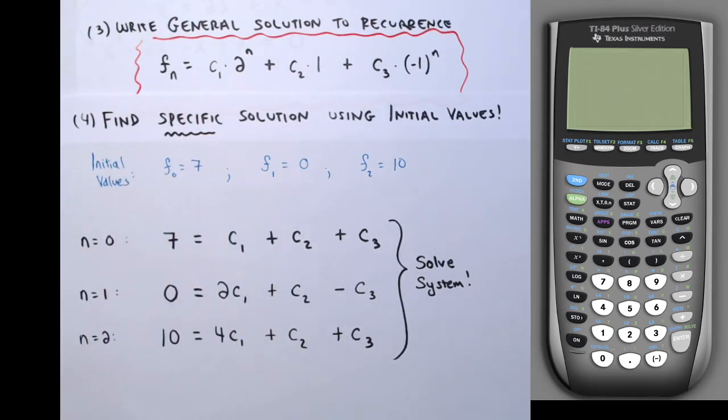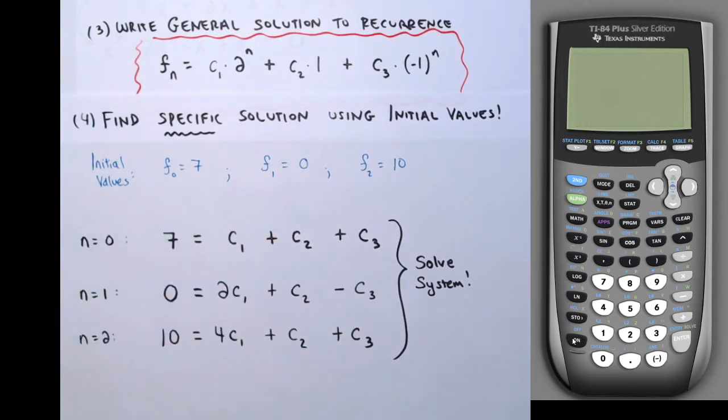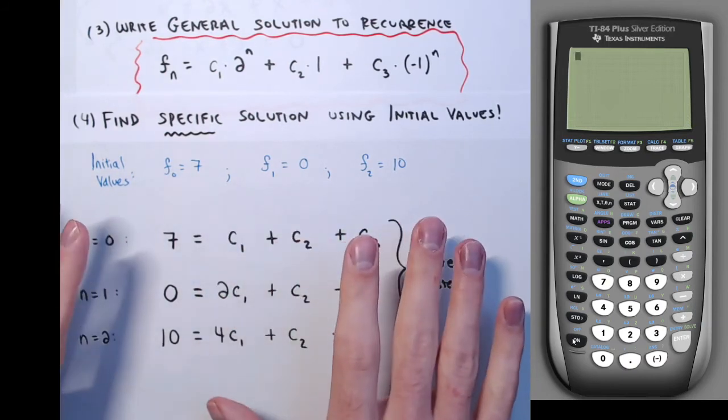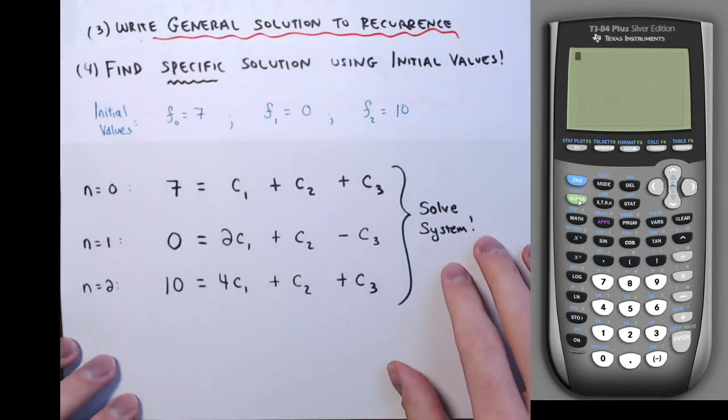I got my TI-84; the 83 and 84 are very similar. If you want to very quickly solve a system of linear equations, make sure it's set up like this, where all your terms without variables are on one side, and all the terms with variables are on the other, nice and lined up like I have here. So I'm going to make what's called a matrix.